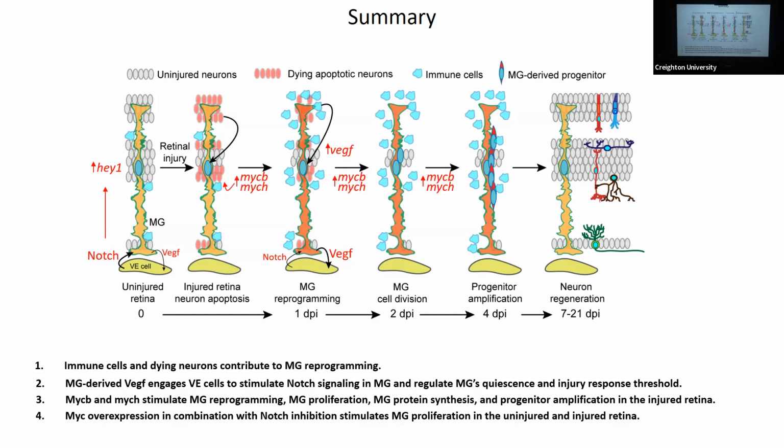Yeah. Is there a consequence of manipulating these other non-Müller glial cell types? Good question. We are now using heat shock promoters and Cre, so that we use heat shock loxP-Cherry-loxP and the factor that we want to express, with GFAP Cre, to get it to the Müller glia. We're getting similar results with the genes we tested.